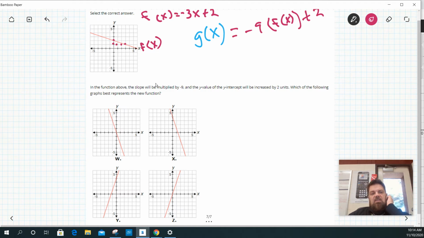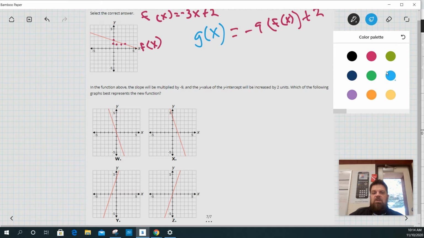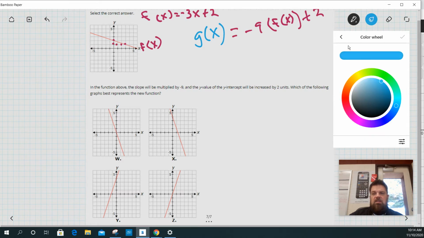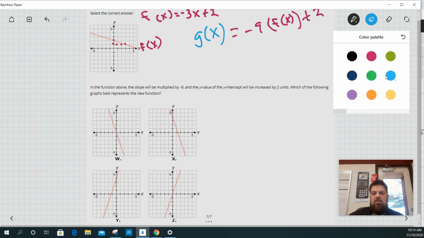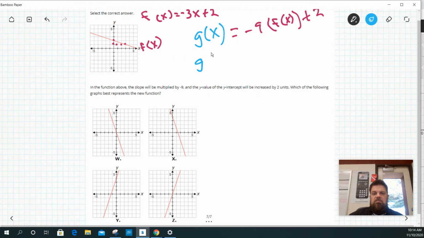So it says in the function above, the slope will be multiplied by -9. So what will be the slope of the next equation? Well, it should be like -27. Boy, that seems really steep, doesn't it? That means I would go down.